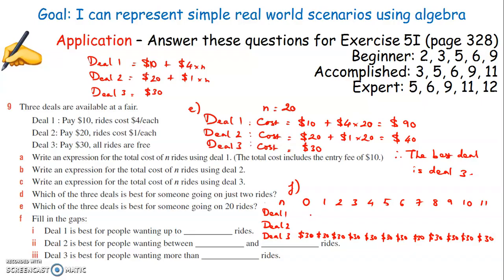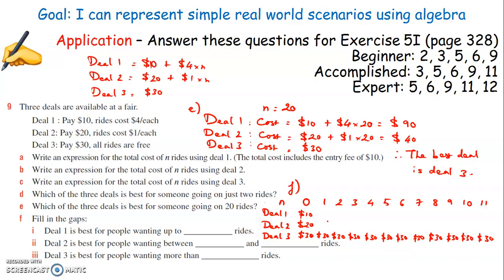Now for deal number 1, if you go on no rides, so 4 times 0, that's 0, plus 10 is 10. So you pay $10 of the entry fee, right? For deal number 2, if you just enter the fair and go on no rides, that's going to cost you 20, or you can do 20 plus 1 times 0. So 1 times 0 is 0, plus 20 is 20. So that makes sense.